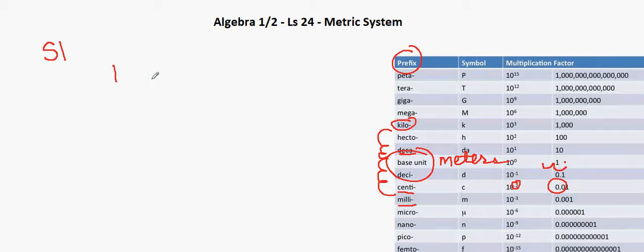So 1 centimeter. What's great about the one in the book is it even shows, instead of like this with a negative power of 10, it'll show it as 1 over 100 to the base unit. And that base unit is meters again.